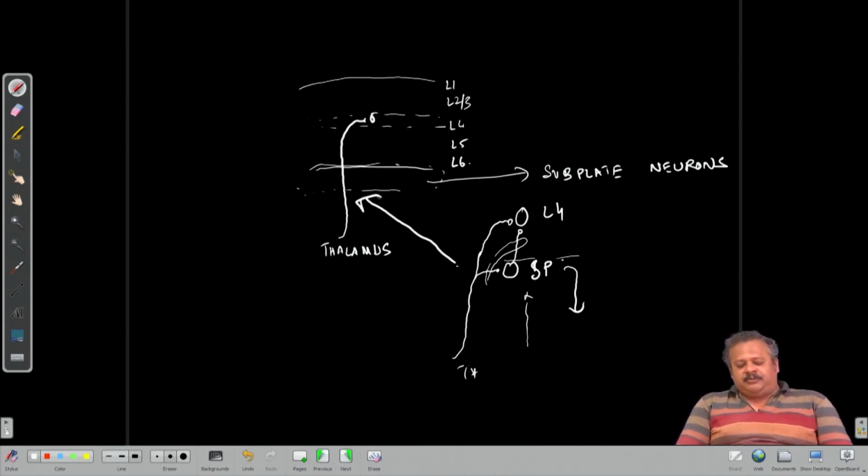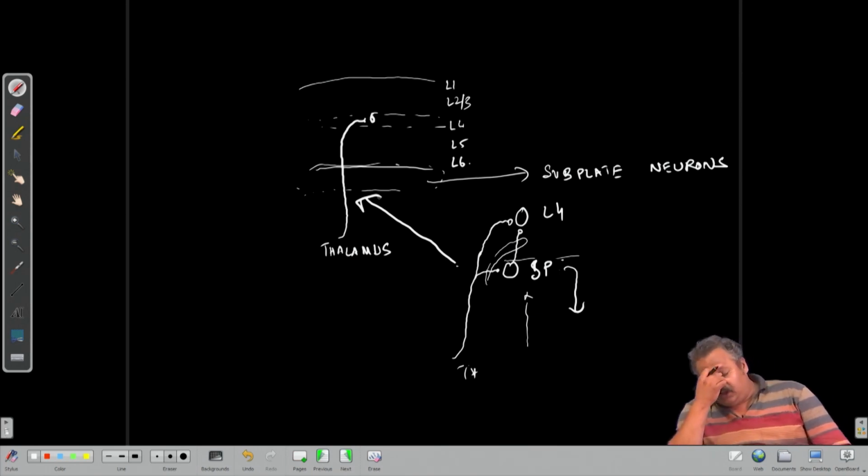This subplate is present in a very specific period of time during development, and it also happens to coincide with some of the critical period plasticity that is observed in the sensory systems.